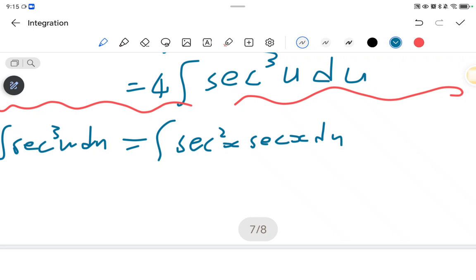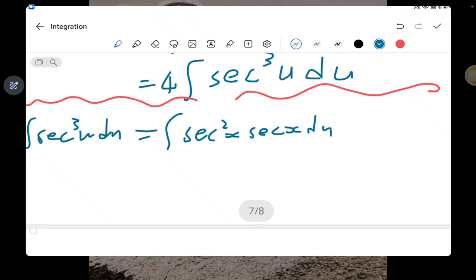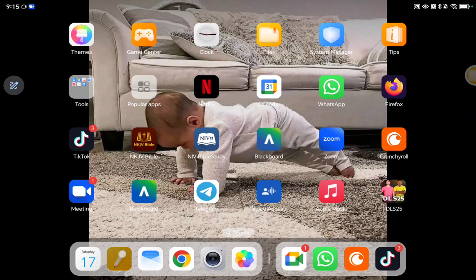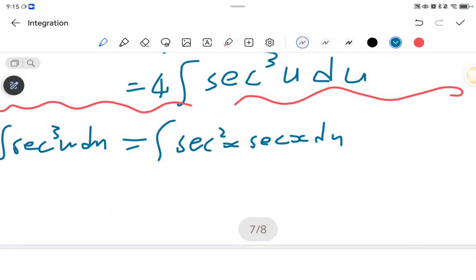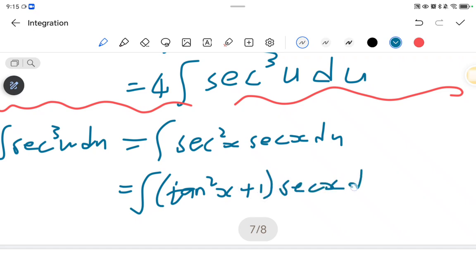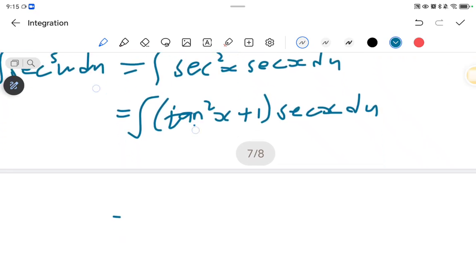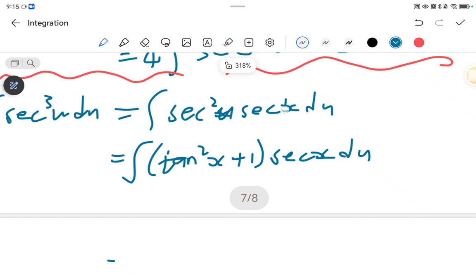Yeah, I think it's best if we just use this one. So now I know that if I take this one of it, and then I integrate, instead of changing the sec^2 u to tan^2 u plus 1, sec u du.